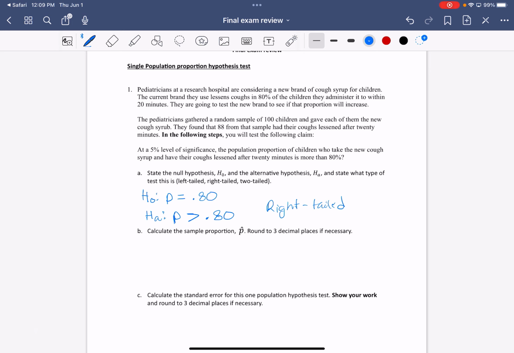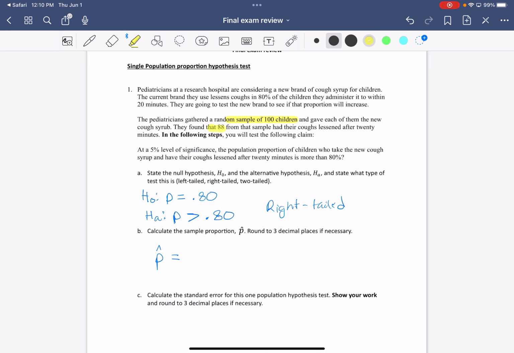Okay, part B. Calculate the sample proportion P hat, round to 3 decimal places if necessary. So P hat equals, and you get your information to calculate P hat from the problem itself. So it says right here, pediatricians gathered a random sample of 100 children, gave each of them the new cough syrup.